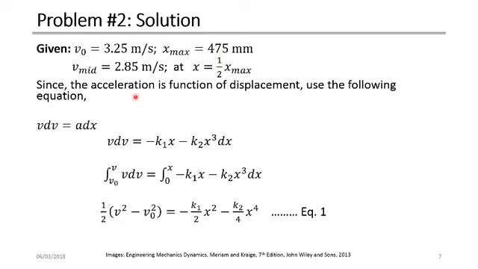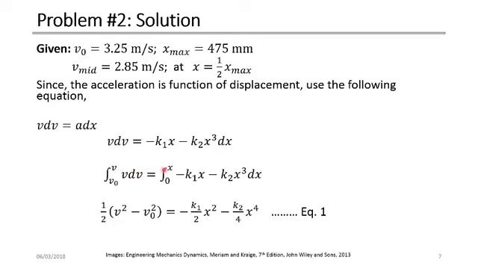The acceleration here is given as a function of displacement, so we need to use this equation, v dv is equal to a dx. We call the displacement here x rather than s. So v dv is equal to the acceleration, which is given by this equation, negative k1 x minus k2 x cubed, multiplied by dx.